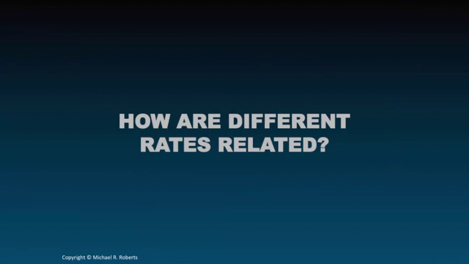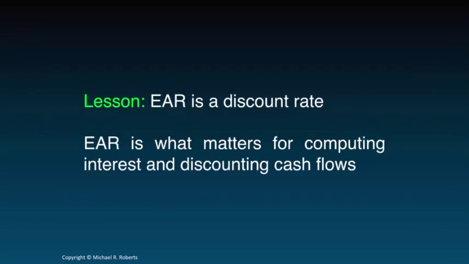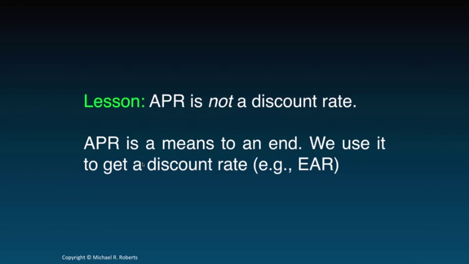Now, how are these different rates related? Well, before showing you the explicit mathematics, which frankly are almost trivial, let me emphasize the following. The EAR is a discount rate. The EAR is what matters for computing interest and discounting cash flows. The APR is not a discount rate.